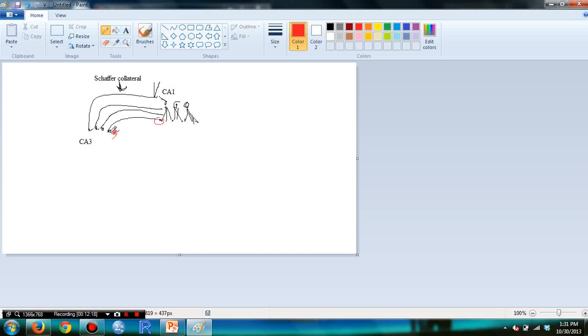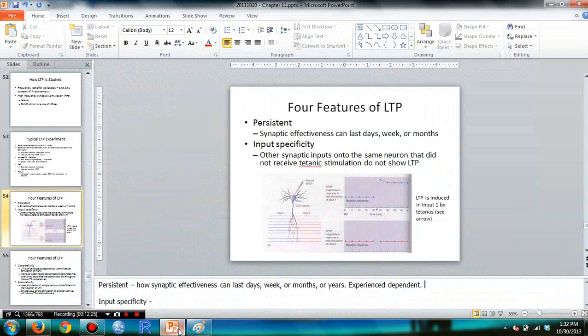Is that good? Okay, so this is what that's showing you. This is kind of a more realistic version of what it would look like. So our one CA3 neuron would actually send tons of input, and there would be another one. What they're showing you here is this is baseline, so you put a little stimuli, and this is how the cell responds.